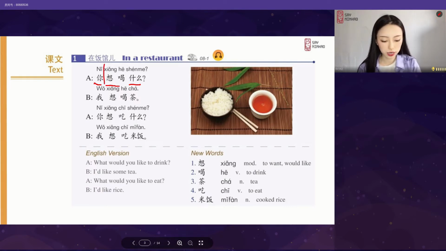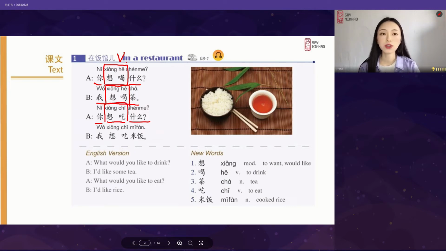Okay, we can see here is the 想 plus the verb structure. 想喝 means want to drink and be answered. 我想喝茶。想 plus a verb. I want to do something. 想喝茶, I want to drink some tea. I'd like some tea. And A asked again. 你想吃什么? 想 plus the verb 吃, 想吃.